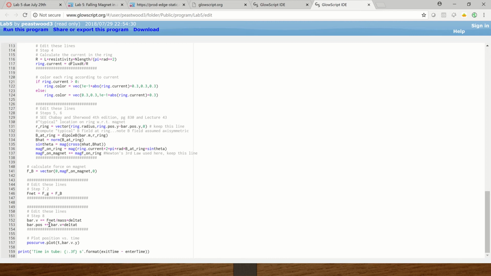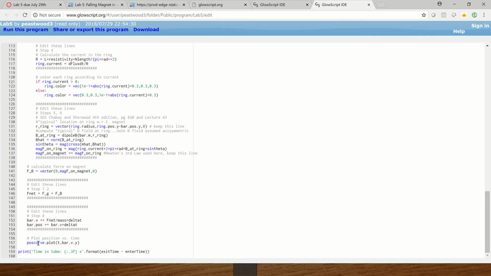So since we know that F net equals mass times acceleration, and then mass divided by mass would be 1, acceleration times change in time is going to equal velocity. And then finally, position: if we look at this in units, velocity is meters per second. If you multiply that by seconds, then you get meters, which is the units for position.